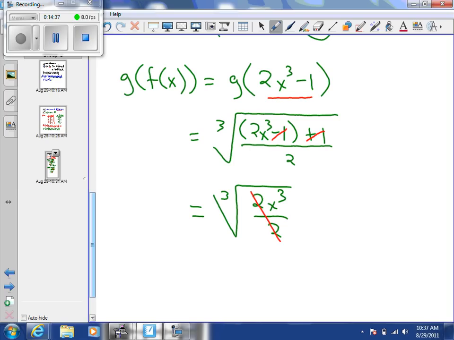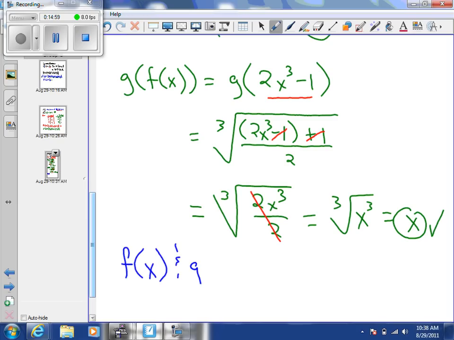Well, you look at that and say, the 2's cancel, so I'm left with the cube root of x cubed, and once again, cube roots and cubes cancel each other out, and I'm left with just x. So I have verified that these two functions are inverses. So f of x and g of x are inverses.